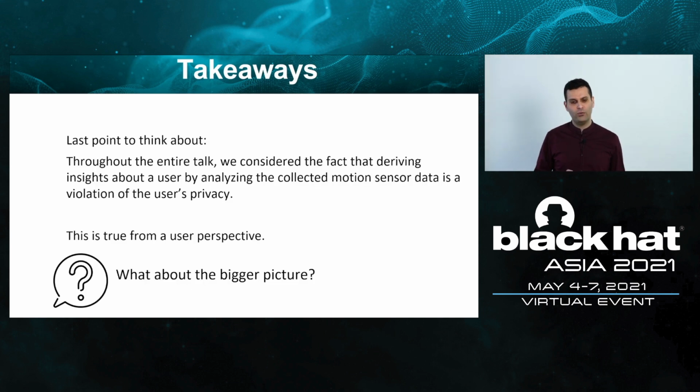Now, the last point I want you to think of is that throughout the entire talk, we considered the fact that deriving insights about a user by analyzing the collected motion sensor data is a violation of the user's privacy. And this is true from a user's perspective. Now, what about the bigger picture?